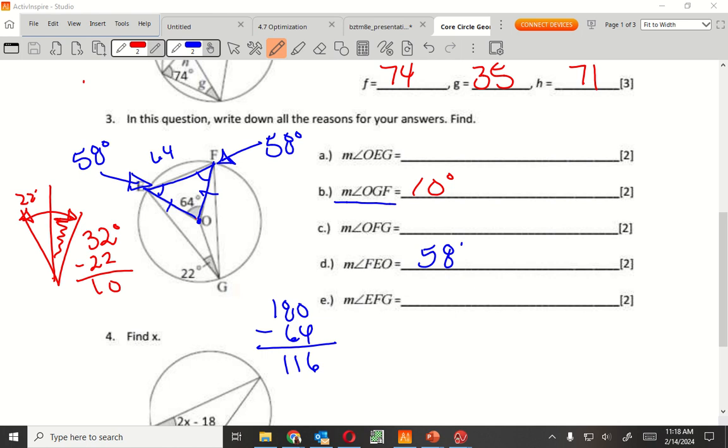And OFG, okay, we'll find that one here in a minute. And OEG, I'll find that one too. It just goes around. Alright, so now we're going through, we found a whole bunch of stuff already.